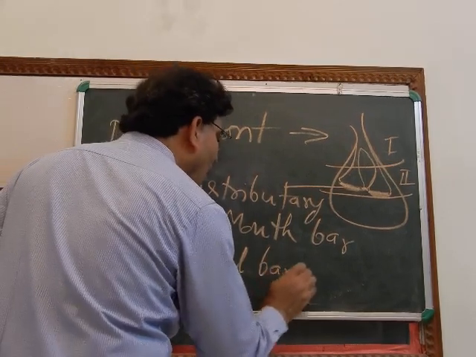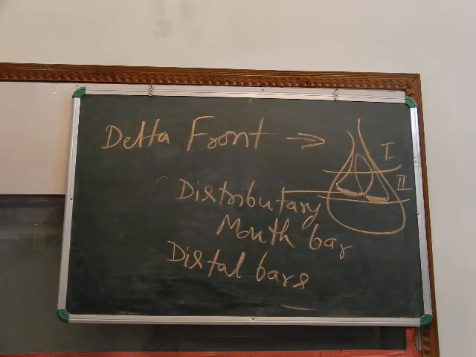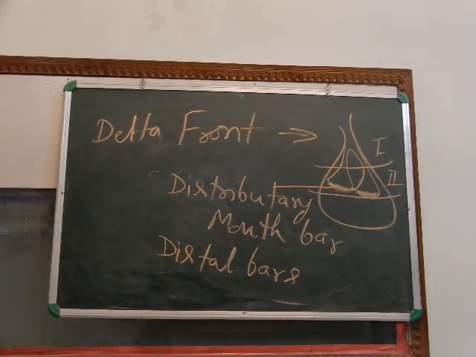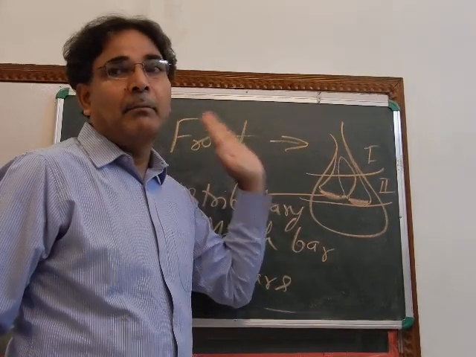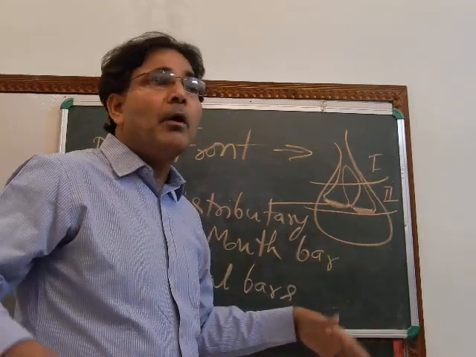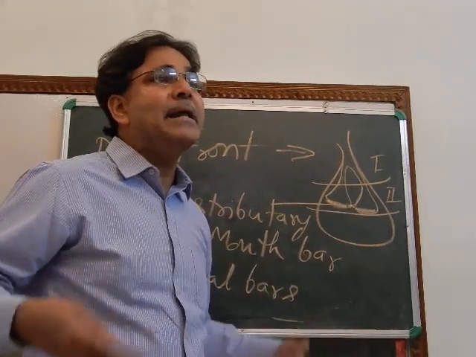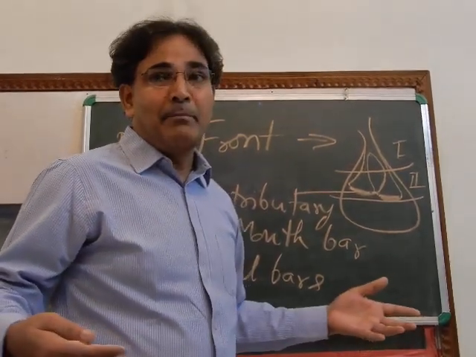The distributary mouth bar and distal bars are made up of sand and silt-sized particles, and they are characterized by the presence of ripple marks as well as muddy sediments. The ripple marks and muddy sediments are responsible for the formation of penecontemporaneous structures, and they also form mud diapirs.